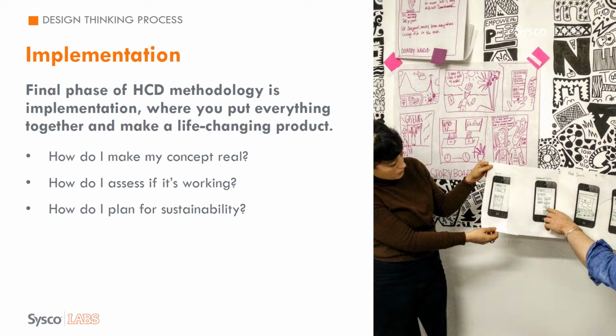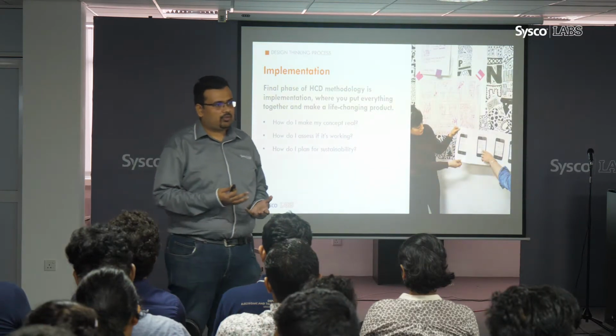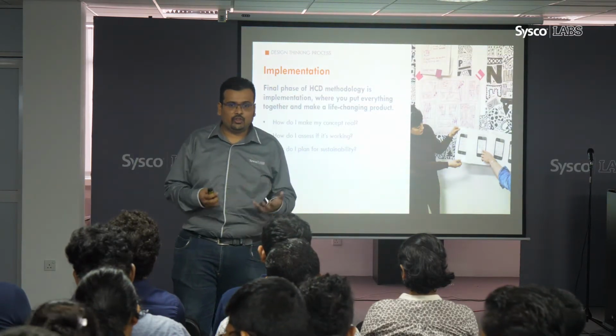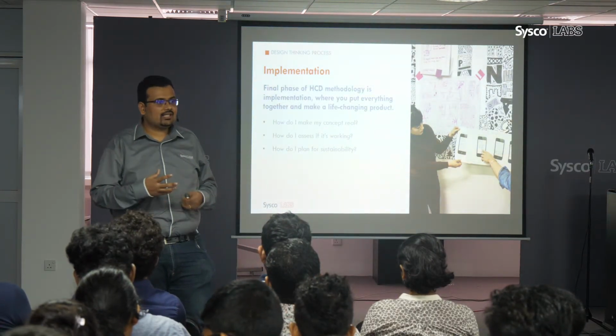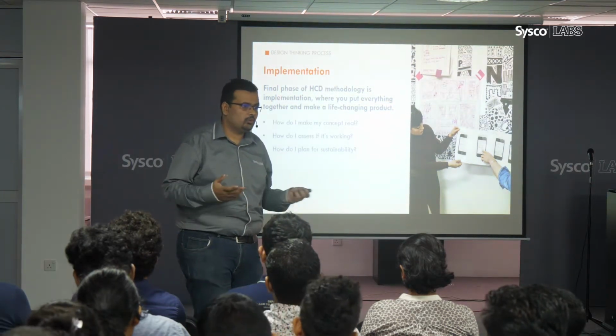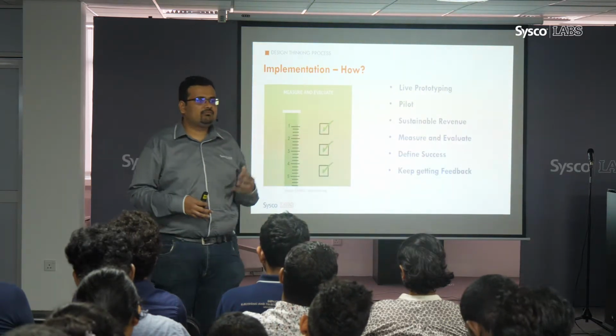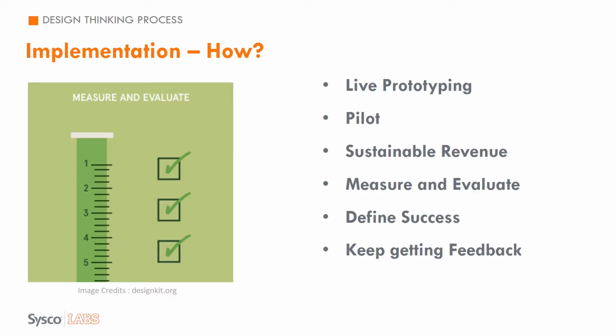You need to find a technology where you can build that solution, and will it actually work? And how can I sustain the product that you have at that point? So these are the common questions a person would have. So you will ask how. Here are a few methods you can use at that point.